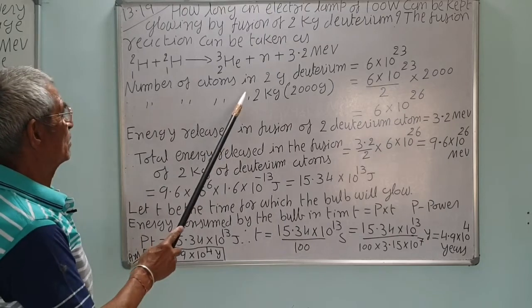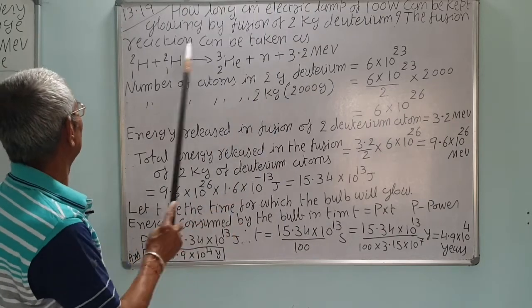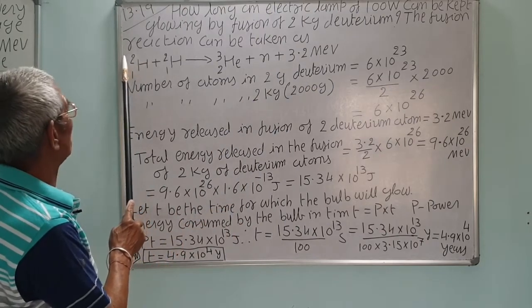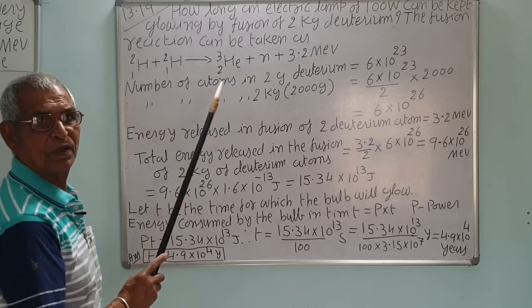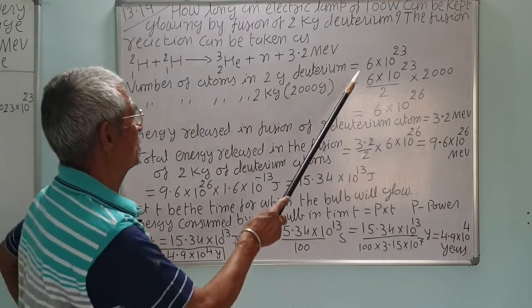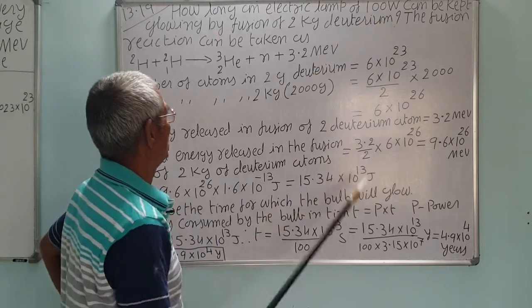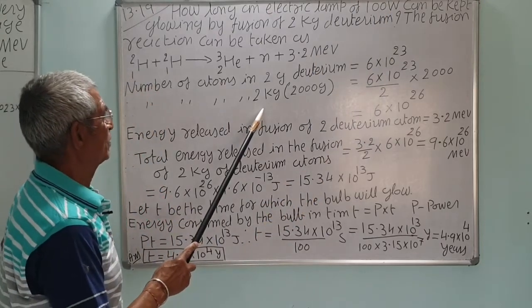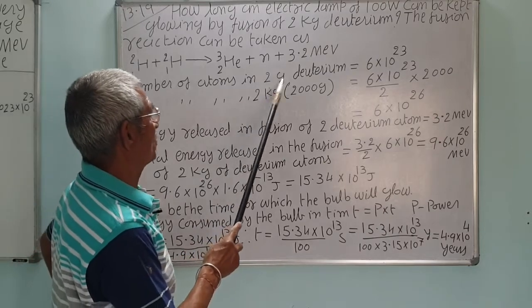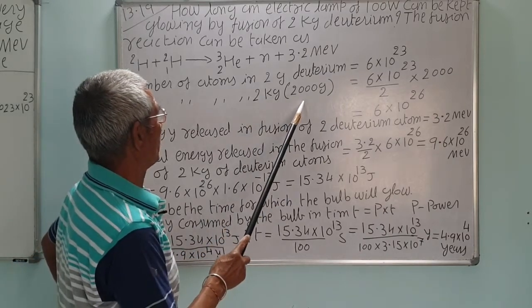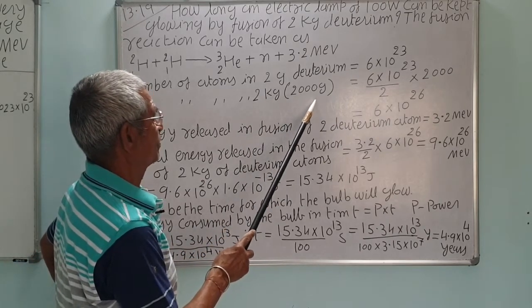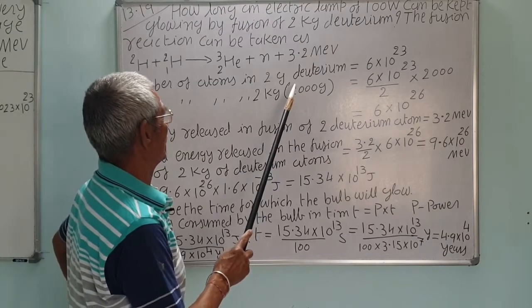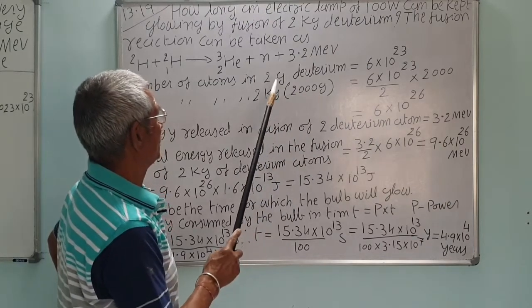The number of atoms in 2 gram of deuterium, whose atomic mass is 2 gram, will be equal to the Avogadro number, that is 6 into 10 raised to 23. So 2 kg will be 2000 times that, divided by 2 in 2 gram.